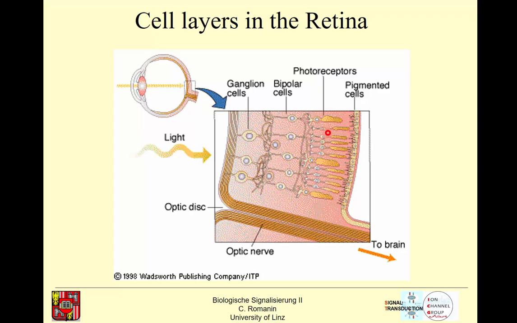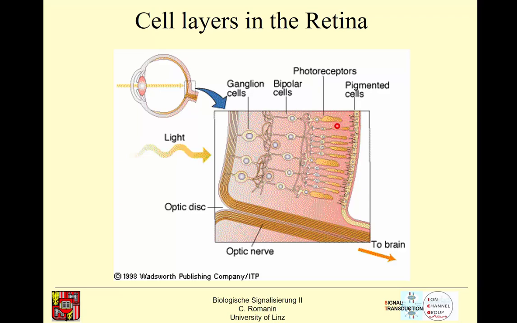The first layer here are the photoreceptor cells, and you see here 2 different forms already. These are the rods and these are the cones. We will come to this later.